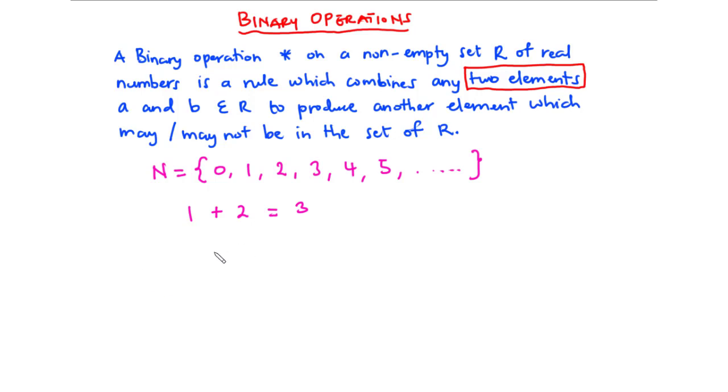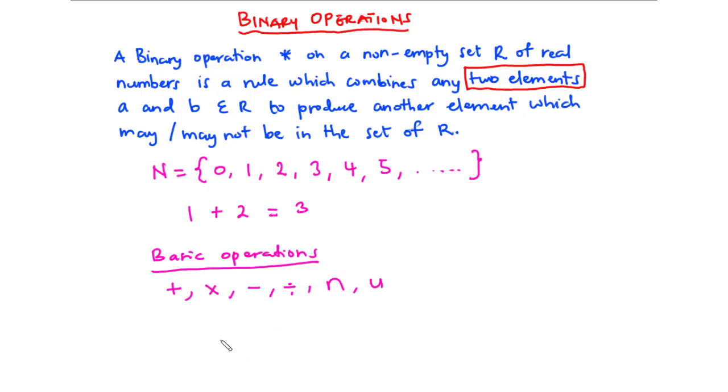Now let's look at some of the basic operations we are familiar with. So we can talk about addition, multiplication, subtraction, division, intersection, and then union. Aside from these basic operations, we can devise many other binary operations.